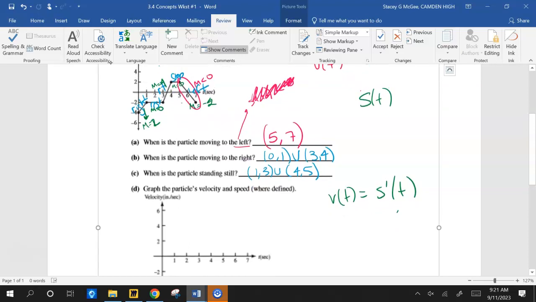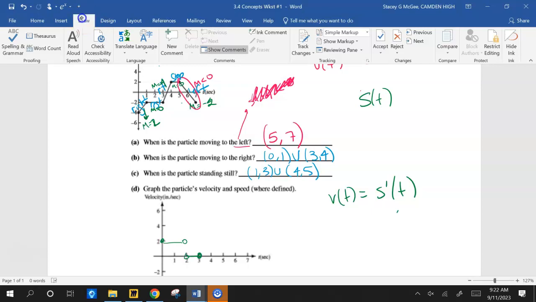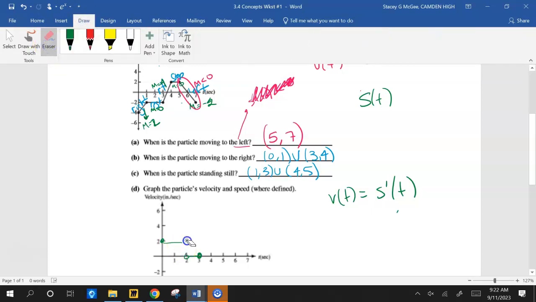So from 0 to 2, I'm at 2, and then I'm at 0 until I hit 3. Okay, it's 2 between 0 and 1. Then 0 from 1 to 3. Then what?